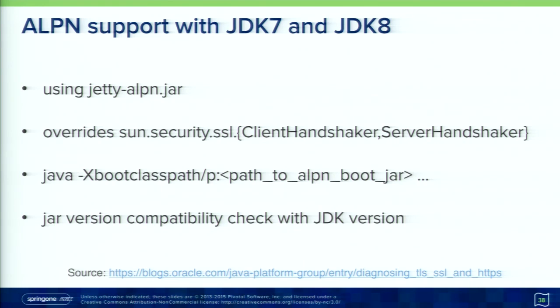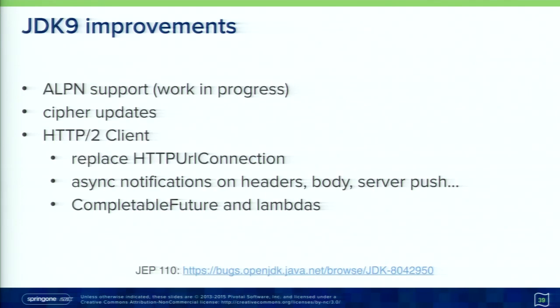There's a link if you want to see the compatibility table. You have to really pick the right one. Hopefully, it will be solved with JDK9, with the ALPN support, cipher updates, they'll do a bunch of things for HTTP2 clients, notifications for async support for body, server push, etc. And they'll use lambdas and completable future.